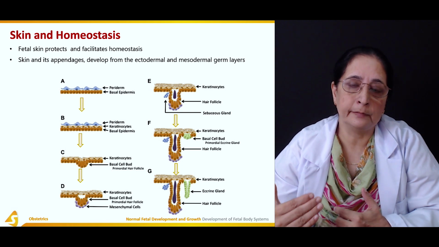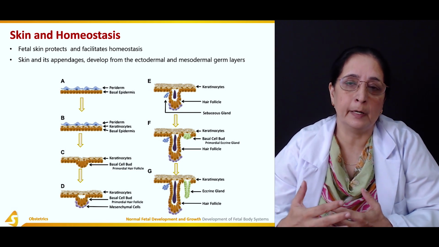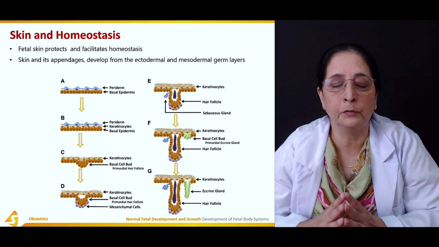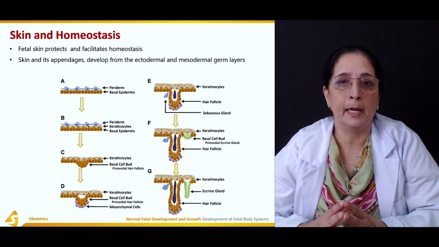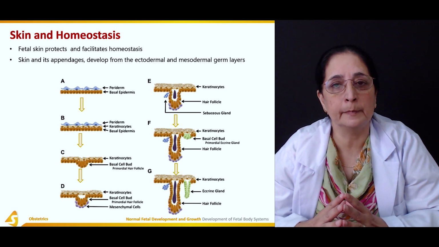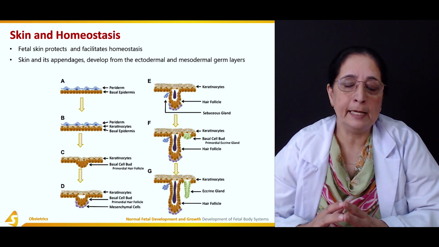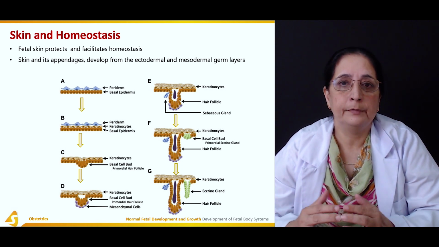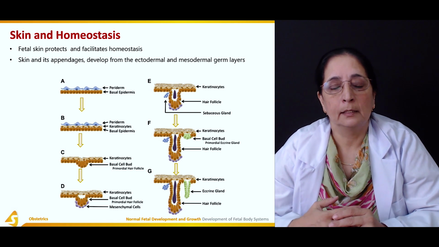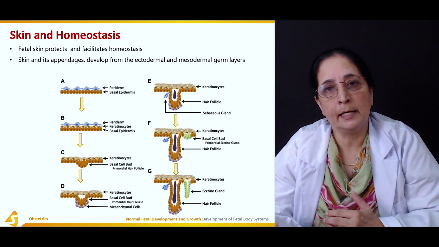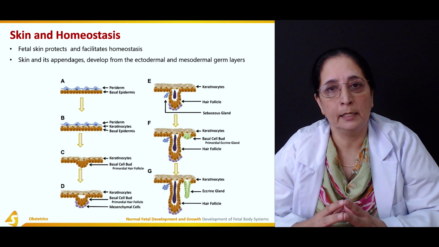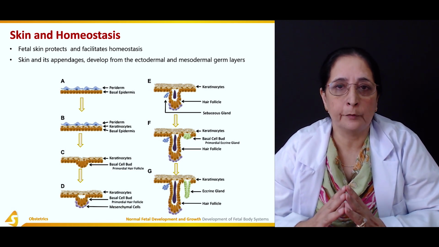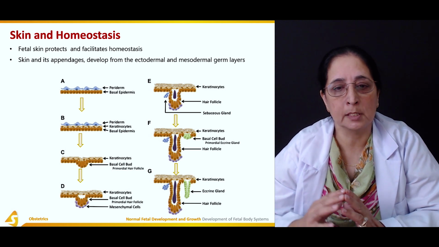So skin is formed from the ectoderm, but skin and appendages are formed from both the ectoderm and mesodermal germ layer. The appendages of the skin are hair and nails. The skin is covered in these appendages, so the main function is protection and homeostasis.